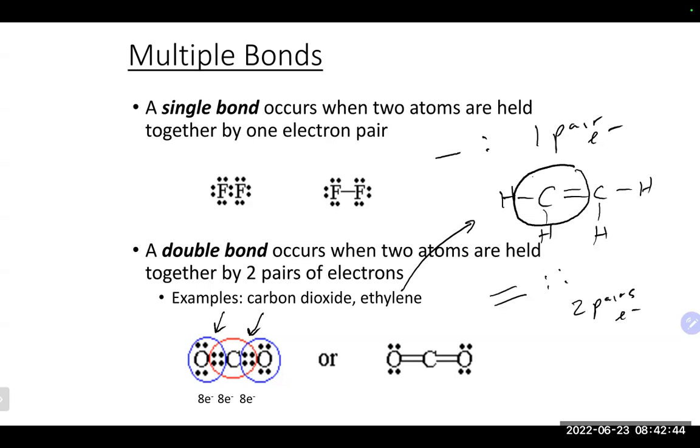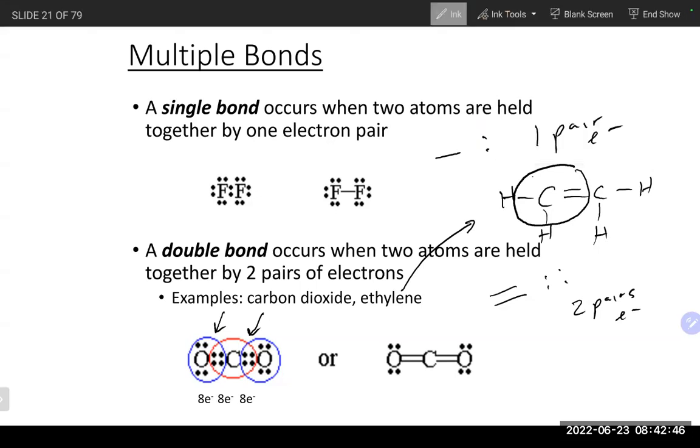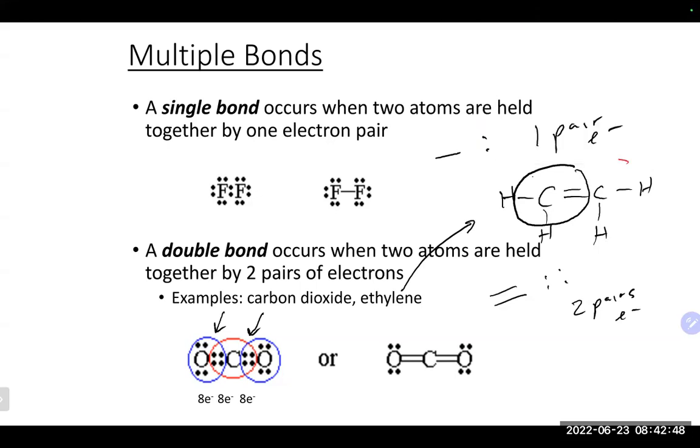And the carbon on the right-hand side, which is pretty much the same, ends up with 2, 4, 6, 8 electrons as well. So by sharing the 4 electrons in the center, it's able to achieve it. And each of the hydrogens, by sharing electrons, has 2 electrons, which makes each of the hydrogens happy in this particular case.